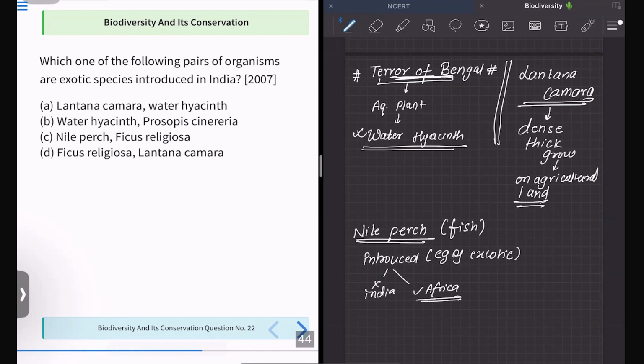And this also caused trouble in Africa because the original fishes of African rivers were decreasing, and the number of Nile perch, which was an exotic species introduced there, was increasing. But the question is specifically asking us about India. So Nile perch can't be the answer because it was not in India but in Africa.